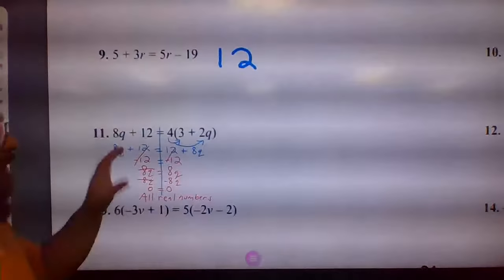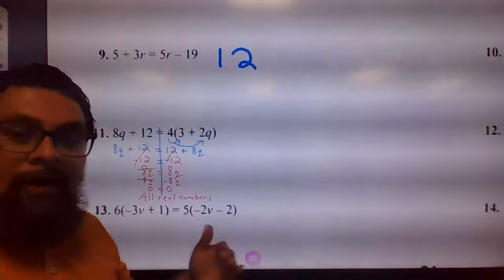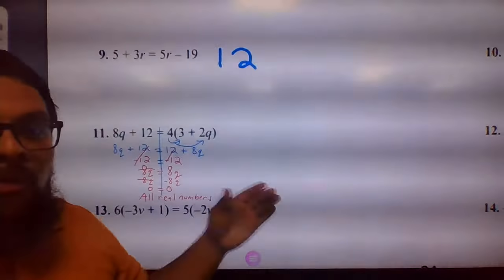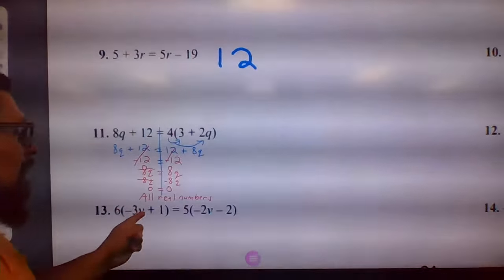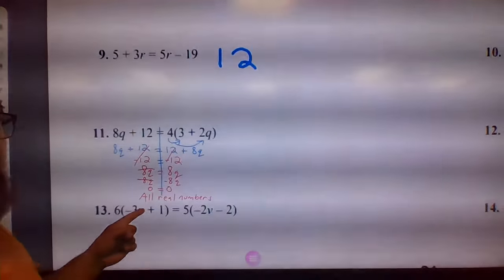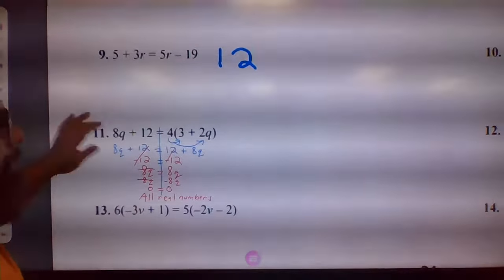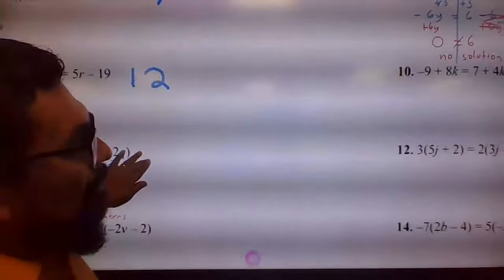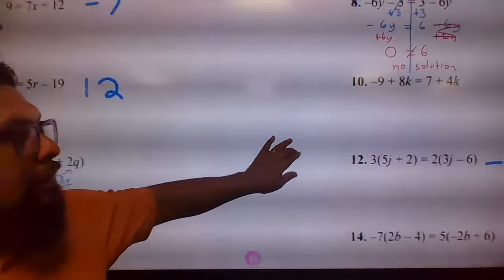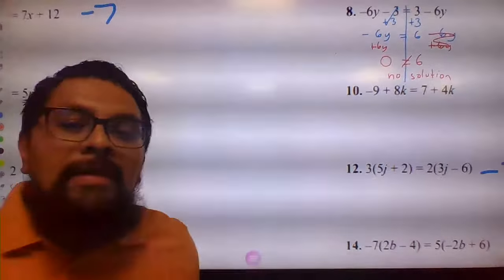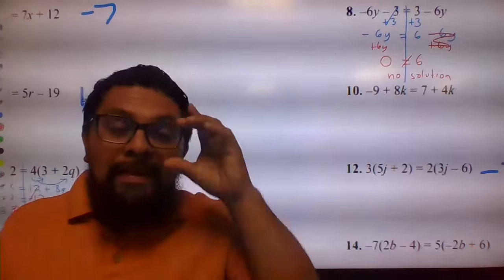Okay, the other problems you've been getting an answer. R equals, P equals, Y equals. You get one answer, one solution. In this one, you're going to get many solutions. And then on this one, on number 8, you're going to get no solution. Any number you put in there does not make that equal. That's what that means. Okay? Hopefully that makes sense for you guys.